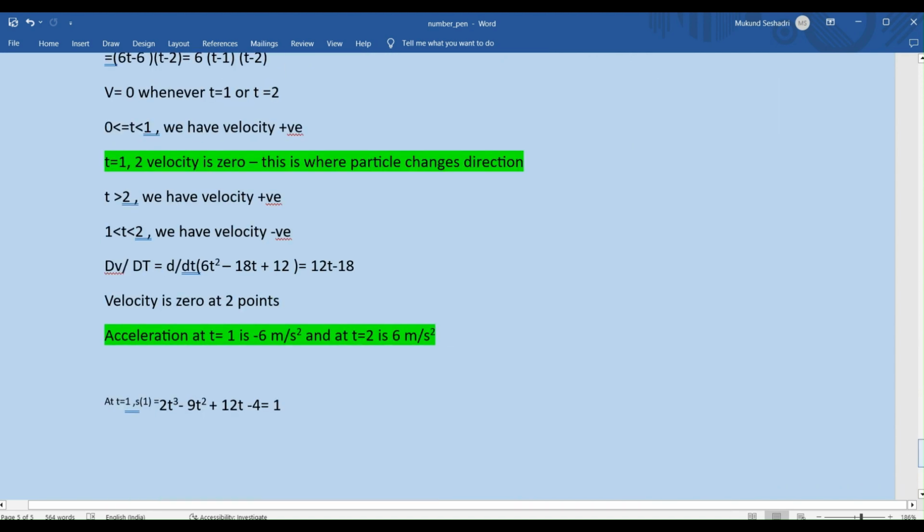So where are we at t equals 2? Let us again do the substitution: s of 2 equals 2 into 2 cube, which is 16, minus 9 into 2 square, which is 36, plus 12 into 2, which is 24, minus 4. So where are we? We are at 0.